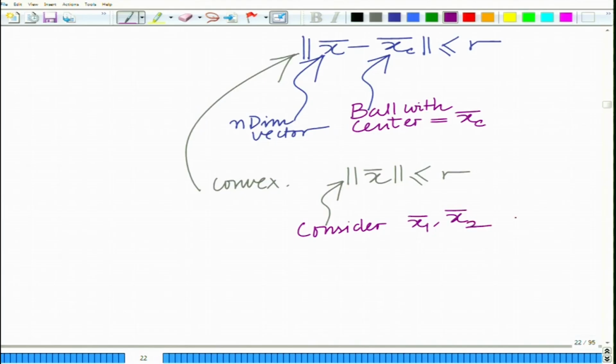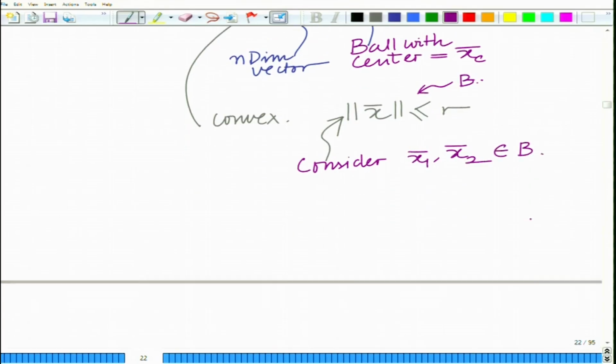Let us denote this set by B. Consider x1 bar, x2 bar belonging to B. Then by definition, since they belong to the interior of the ball, norm x1 bar is less than equal to r, and norm x2 bar is less than equal to r.